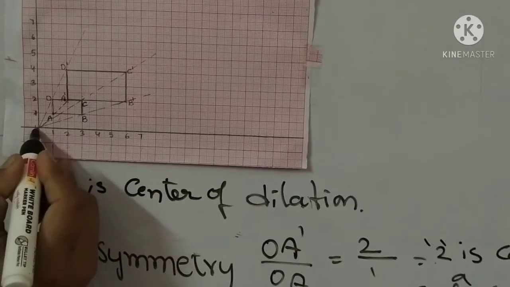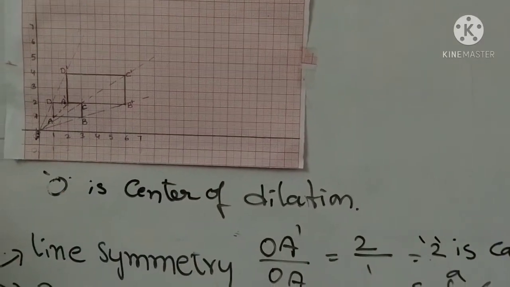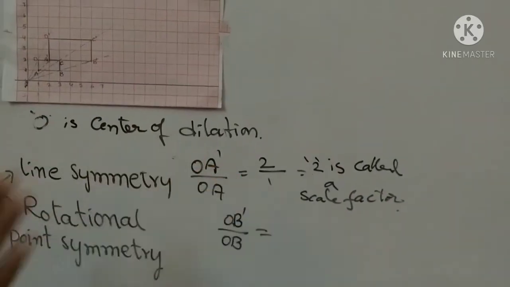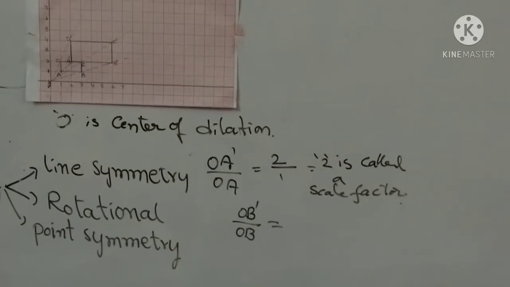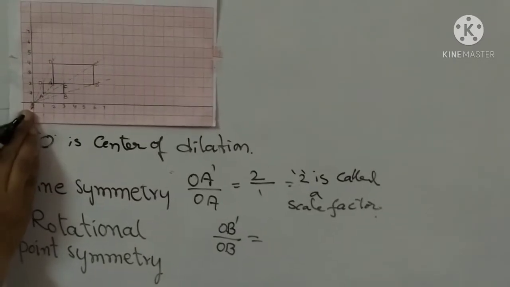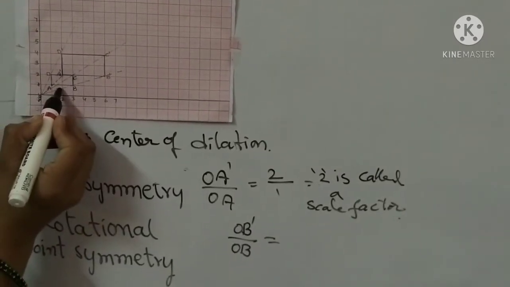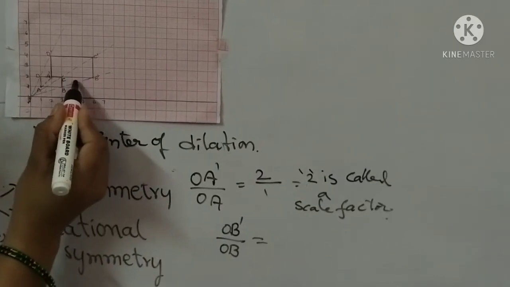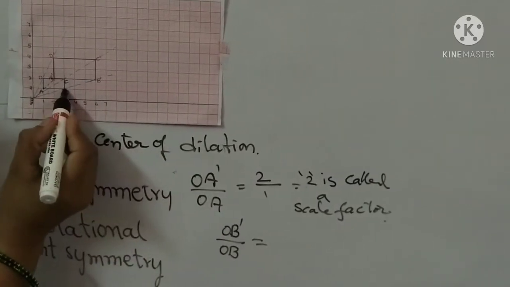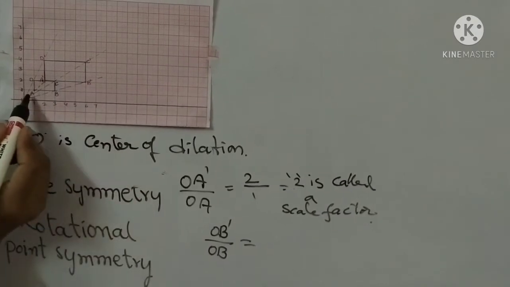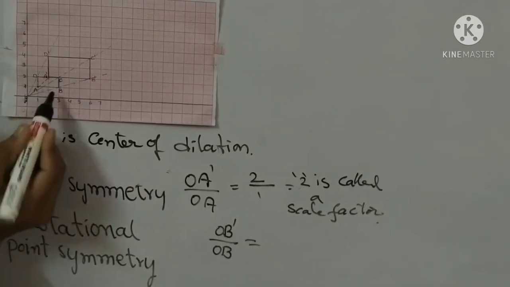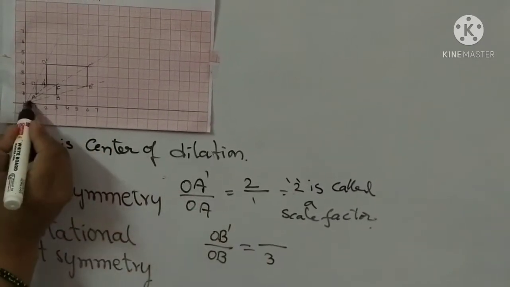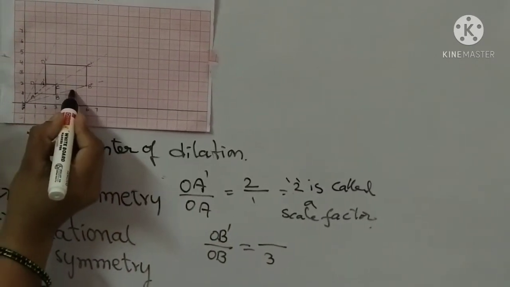Next, OB dash by OB. Observe whether the same units will come or not. OB is 3 units, and OB dash is 1, 2, 3, 4, 5, 6.